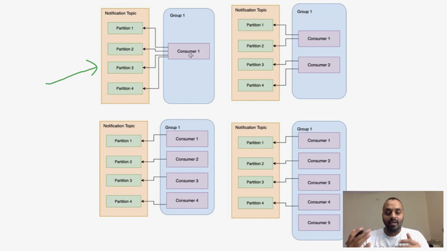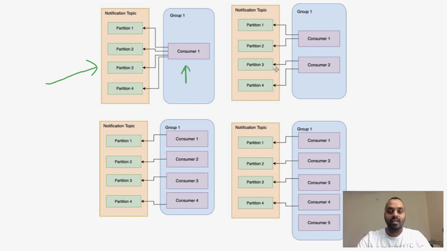But the problem arises when your workload is very heavy, like your consumer is taking, let's say, 3-4 seconds to process the data, and the messages are coming very fast into that Kafka topic. Here we need to scale our consumer so that we can process more data.